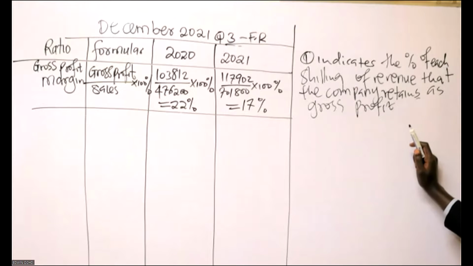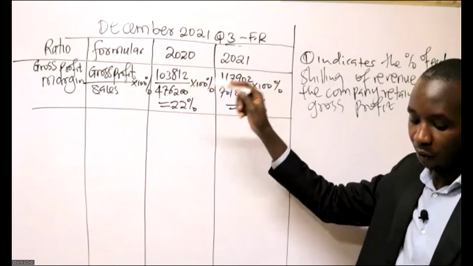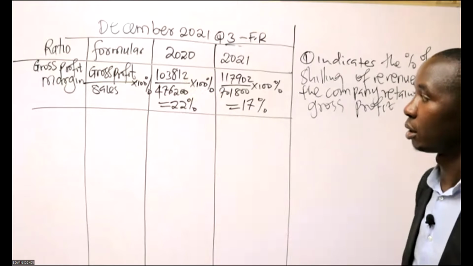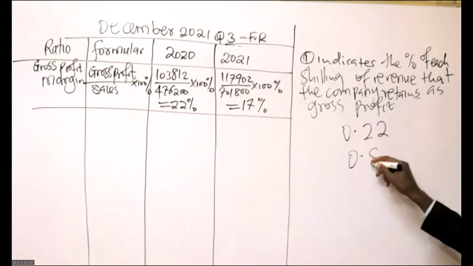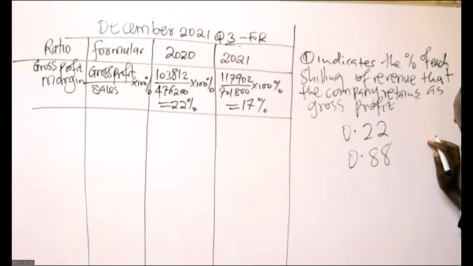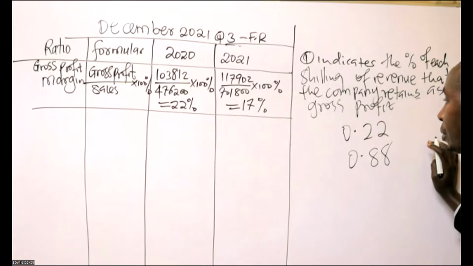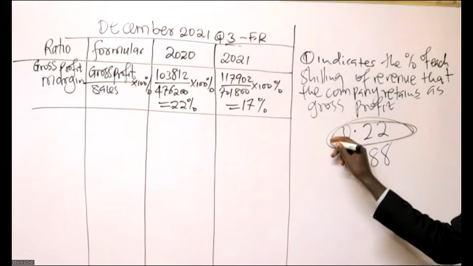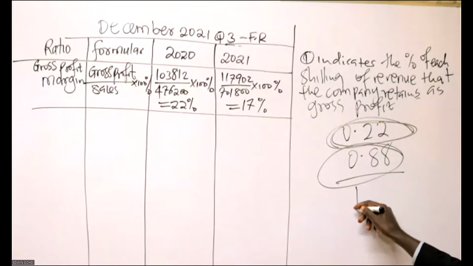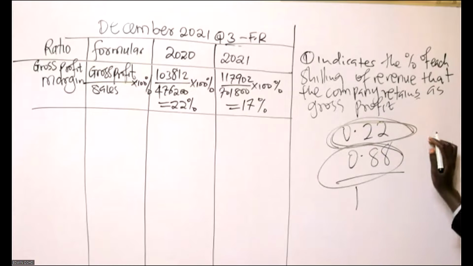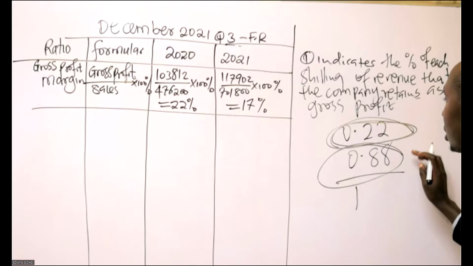For every shilling of revenue generated, shilling 0.22 is retained, while 0.78 is attributed to the cost of goods sold.